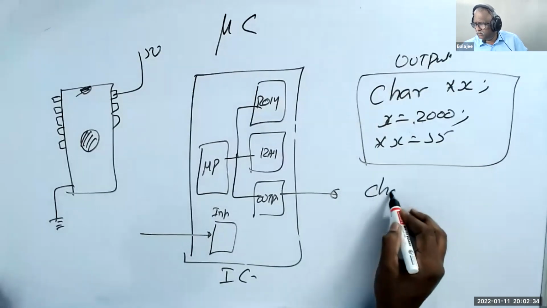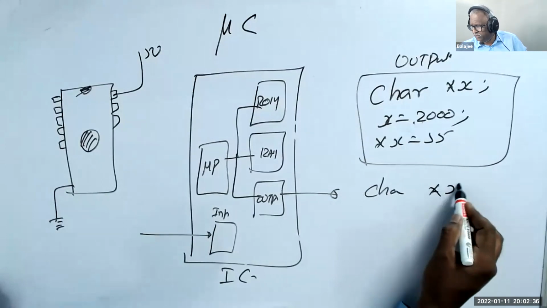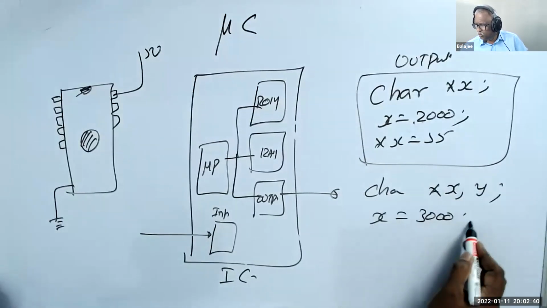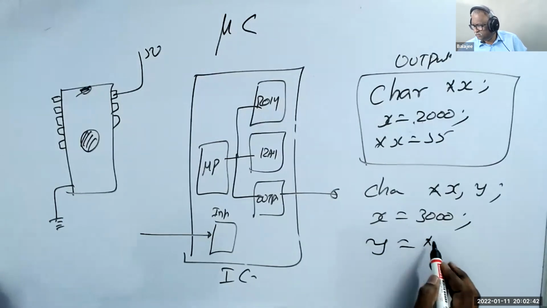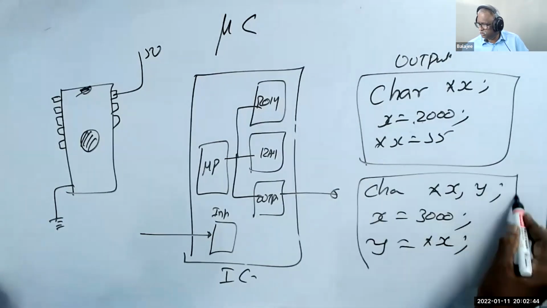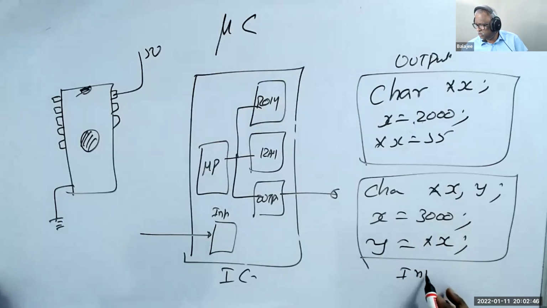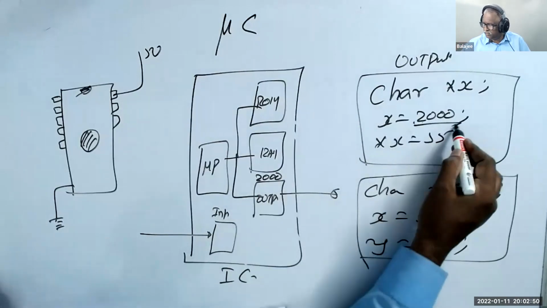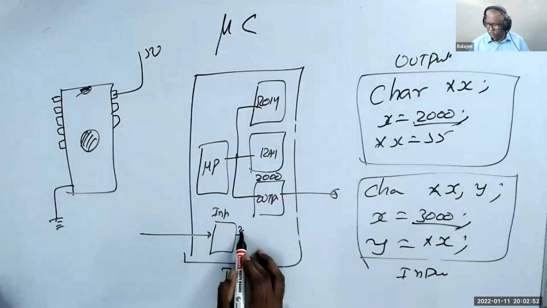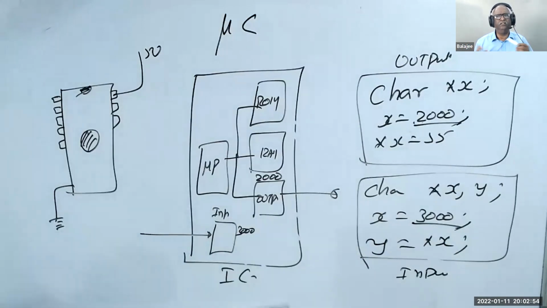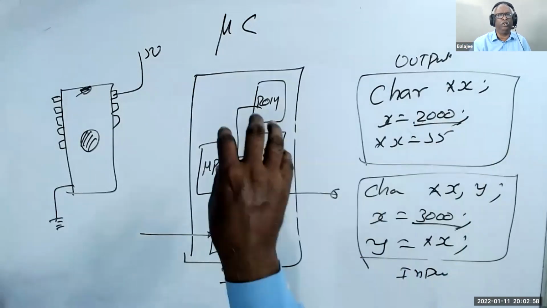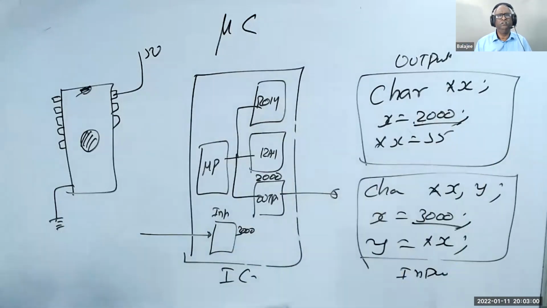Here, star X comma Y: X is equal to 3000, Y is equal to star X. This is for input, assuming that this key address is 2000 and this key address is 3000. That's it. Now we have related C with the microcontroller and the input or output.